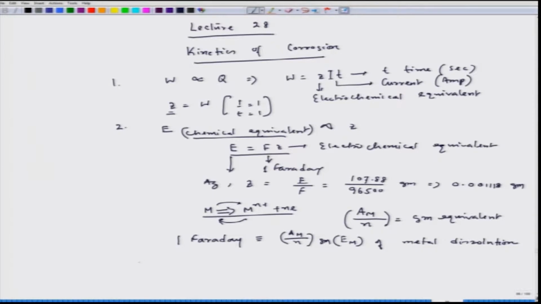Now, if I take this particular concept to understand, if we send q amount of charge, what would be the amount of mass that will be lost in the form of ions into the solution. So, that we can easily find out.